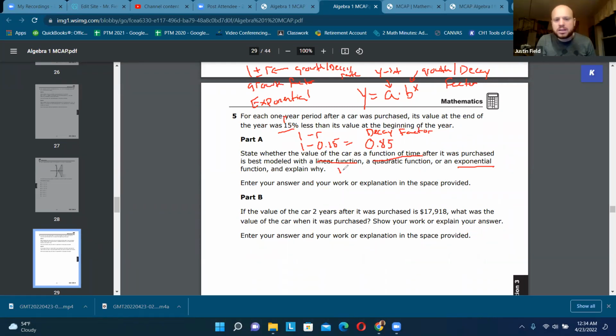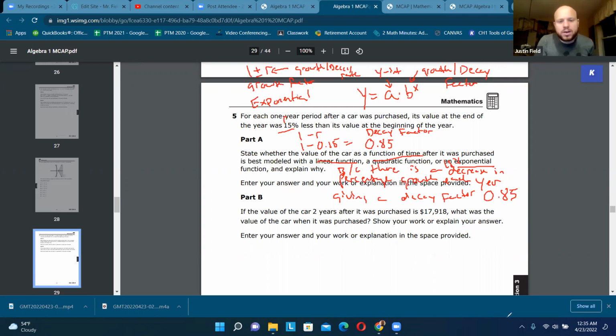Because there is a decrease in percentage growth each year, giving a decay factor of 0.85, a 15% decrease each year.